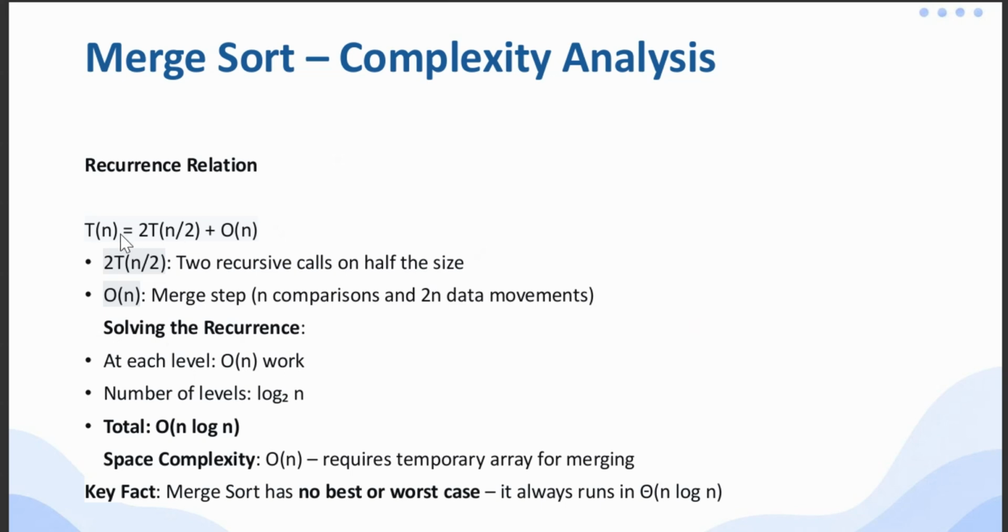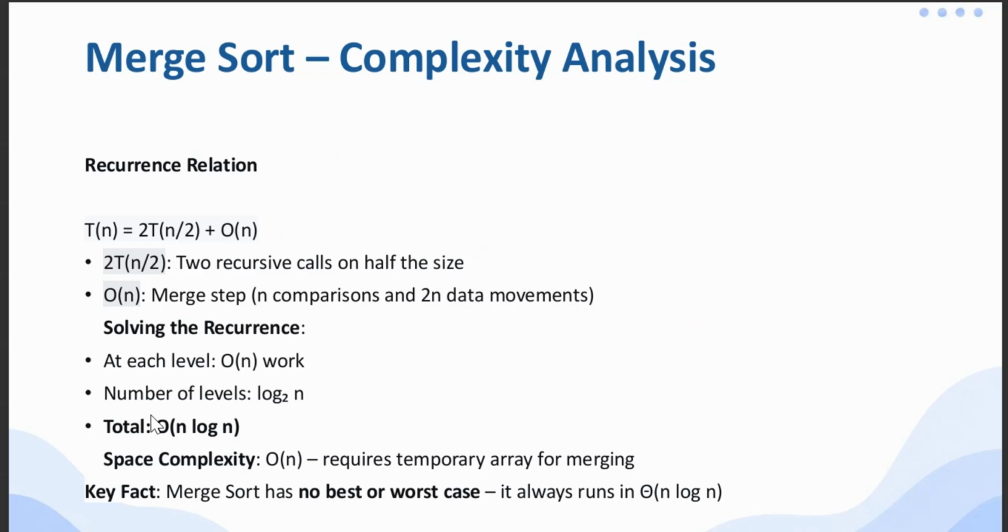Where T(n), the time complexity, is 2T(n/2) plus O(n). So 2T(n/2) means 2 recursive calls on half the size, right? And O(n) is for the merge step, which is n comparisons and 2n data movements, right?